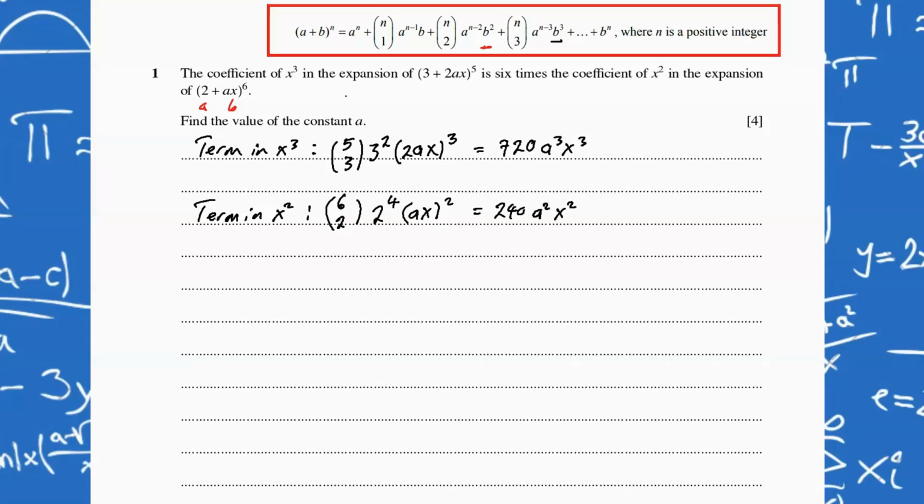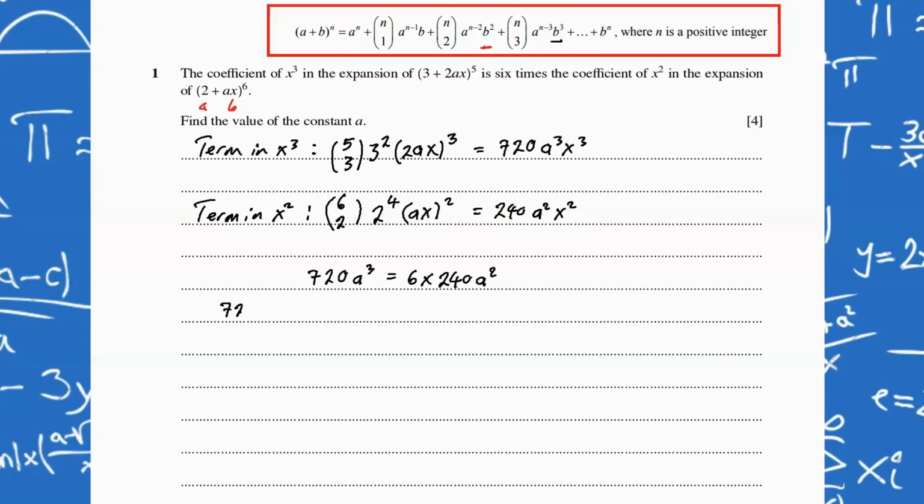So according to the question, the coefficient of x cubed is 6 times the coefficient of x squared. That means to us that 720a cubed is equal to 6 times 240a squared. All right, so we can bring everything to one side.